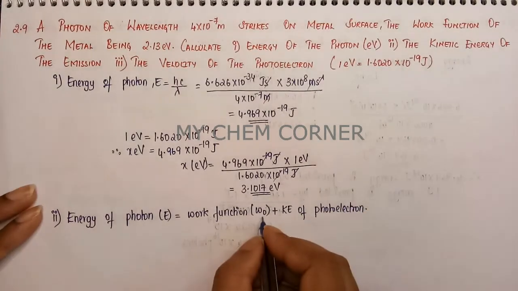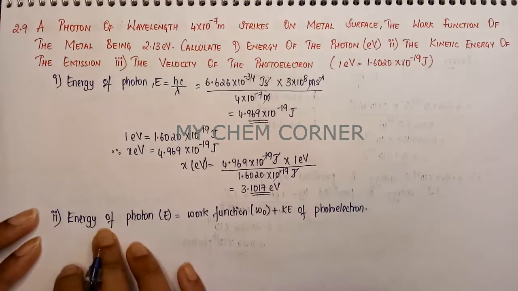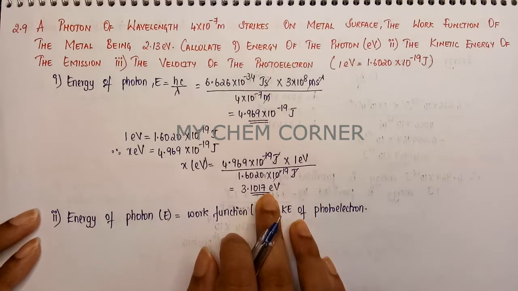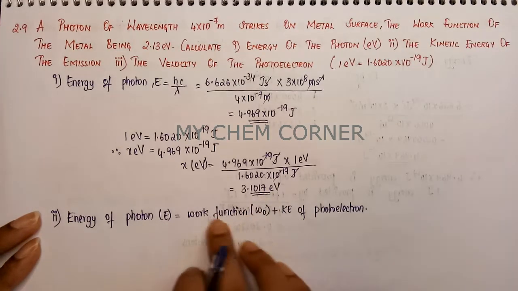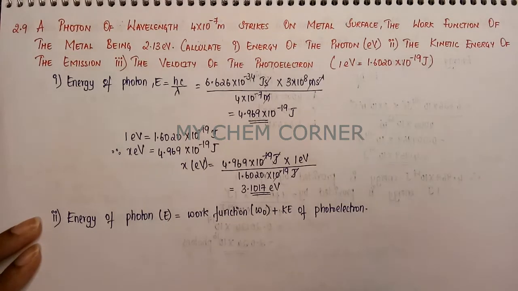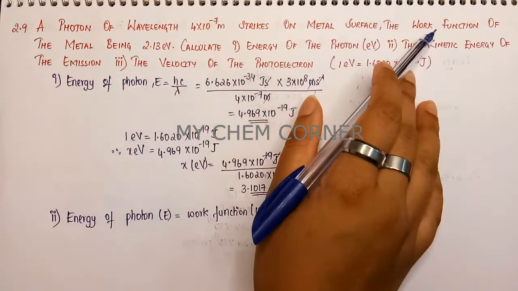Now work function can also be called as threshold frequency. So in this, what all do we have? Energy of photon we have, which we just calculated right now. We can also get what is the work function or threshold frequency. This is given to us as here in the question 2.13 electron volt, which is the work function.